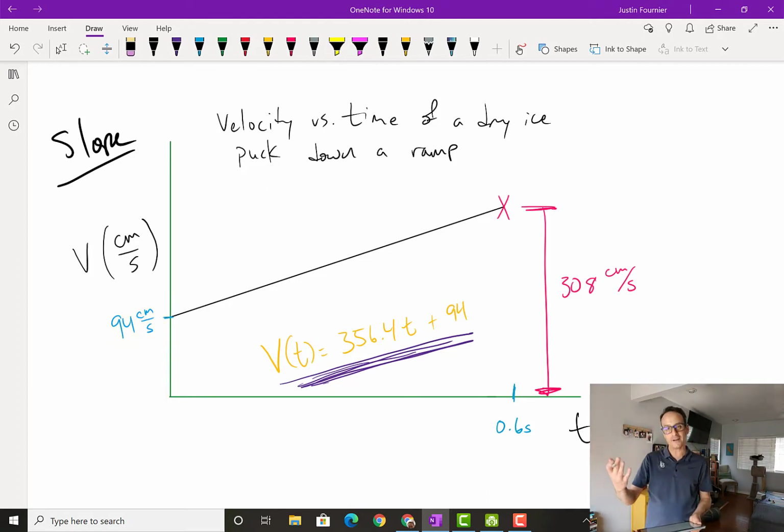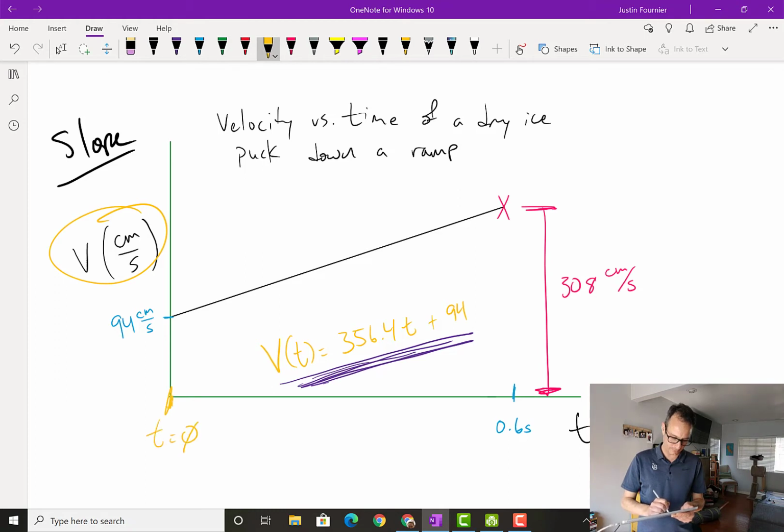So if you didn't answer it already, what is the Y-intercept of this graph? What is that representing? Well, that'd be representing the velocity when your time is equal to 0. So it's the initial velocity of when you started collecting data.